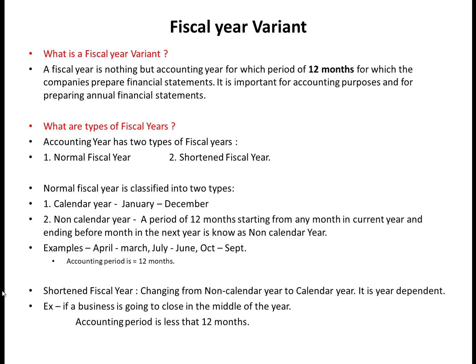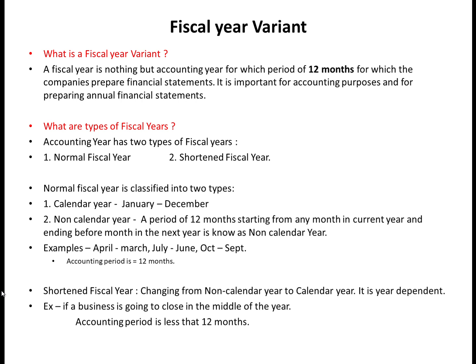For example, if there is a business which is going to close in the middle of the year, let's assume the financial year is from January to December and the business has been closed in the month of May. The financial year ending would automatically be December 2024, right? But the company's financial transactions will be calculated only from January to May, and for the remaining periods there are no financial transactions.